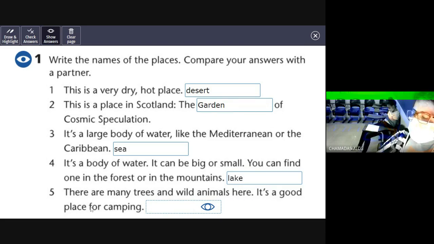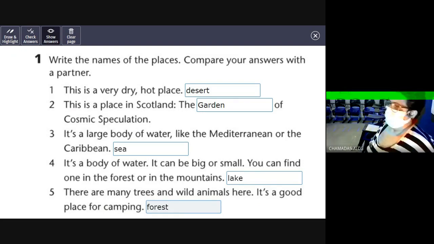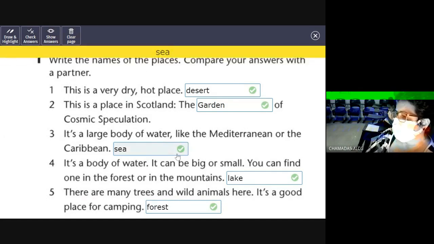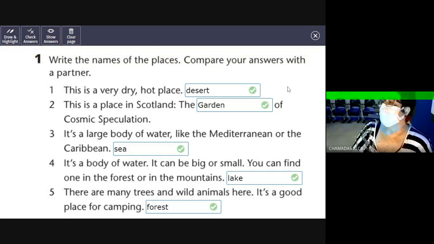It's a good place for camping. Forest. Yay, good. So here we have some places to go if you want adventure. Okay. Checking the answers. Everything okay?